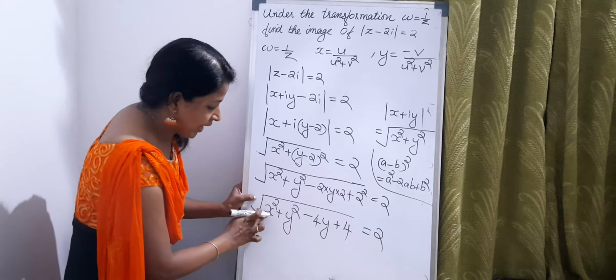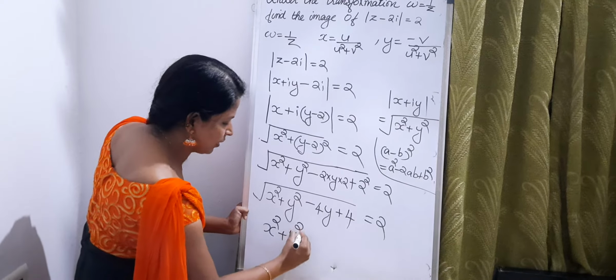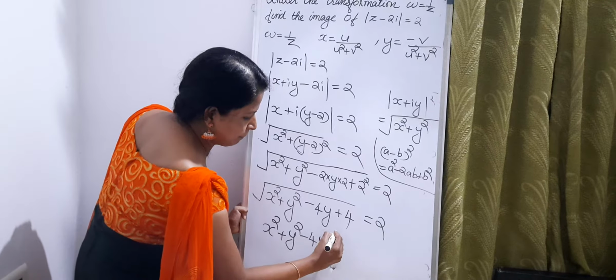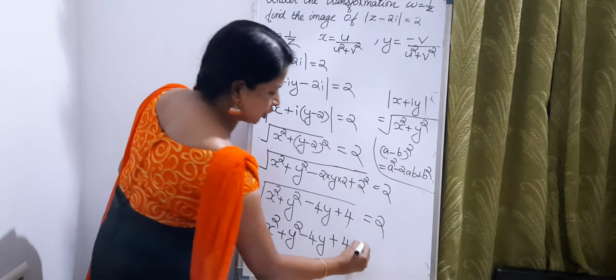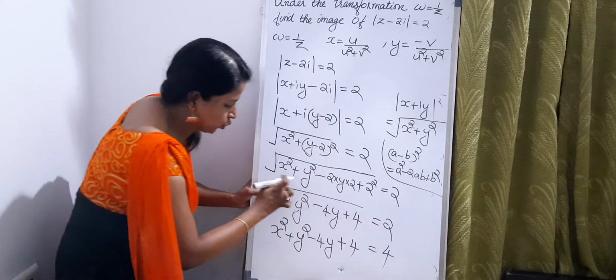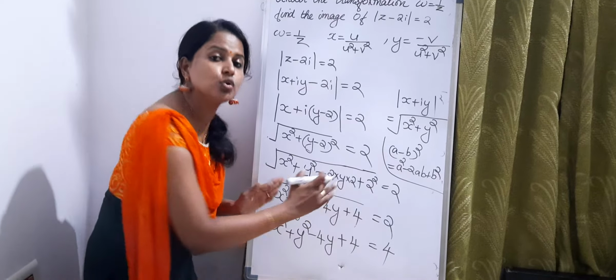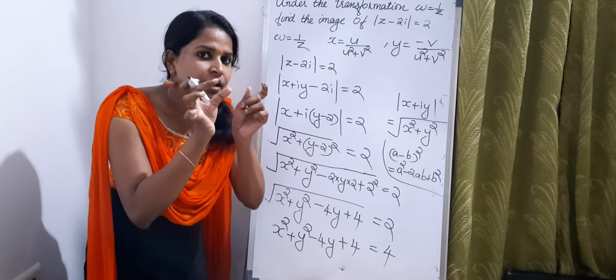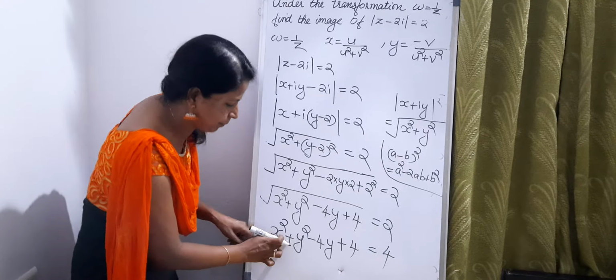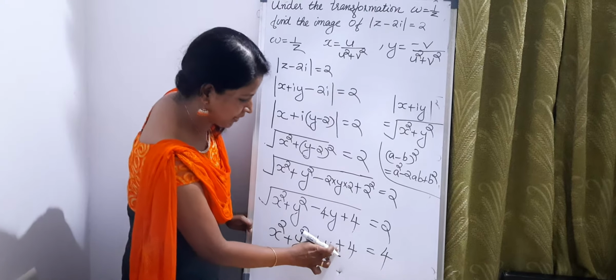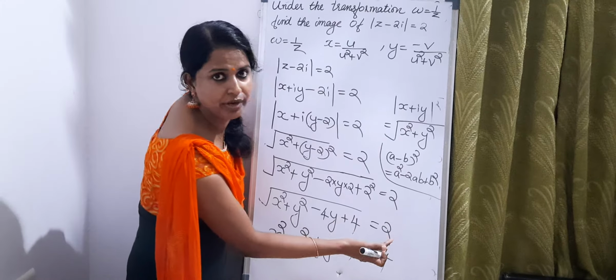Root and square cancel, which means the expression itself, that is x square plus y square minus 4y plus 4, equal to right side square, 2 square, which is 4.